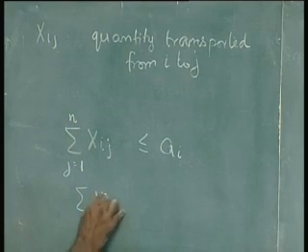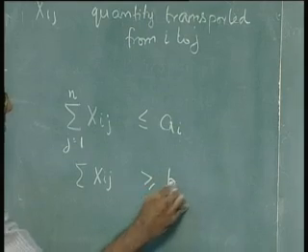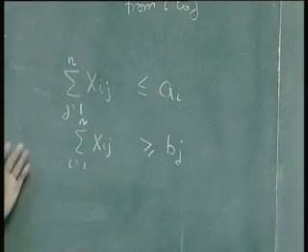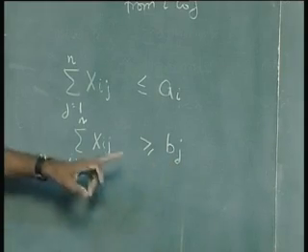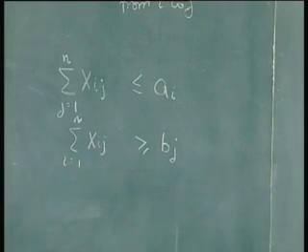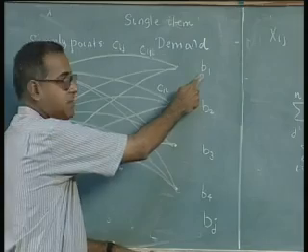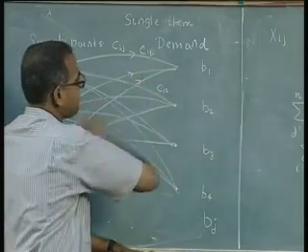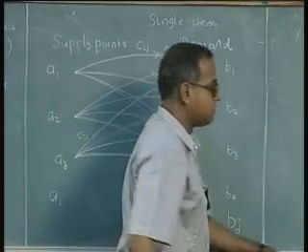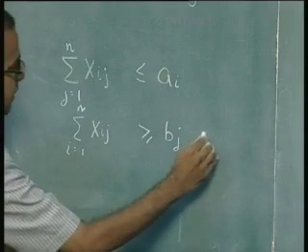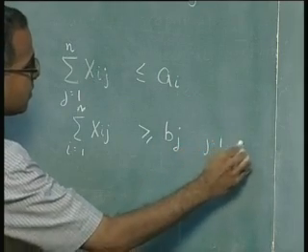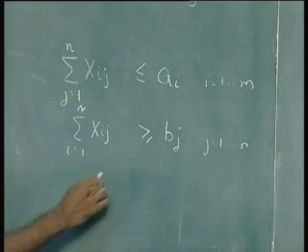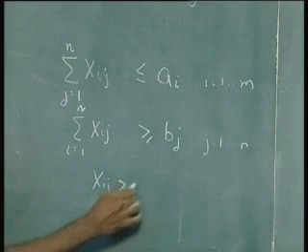Similarly, whatever enters destination j, sum over i equal to 1 to m, this is what comes into each of the destination points, that should be greater than or equal to Bj. For example, B1 is the requirement here, so whatever comes from these should be greater than or equal to Bj. This is for j equal to 1 to n, and i equal to 1 to m. Xij is greater than or equal to 0.